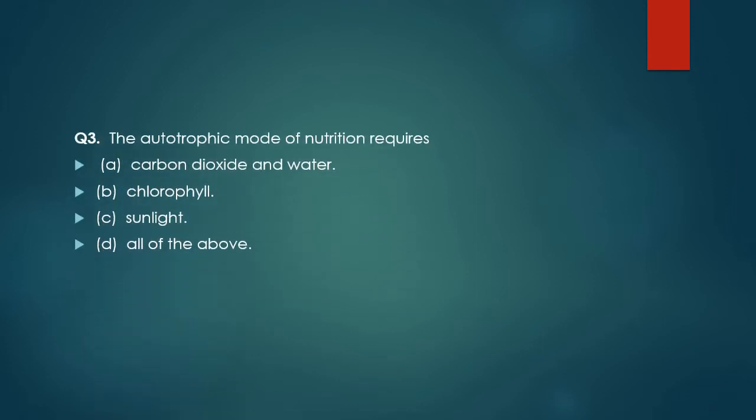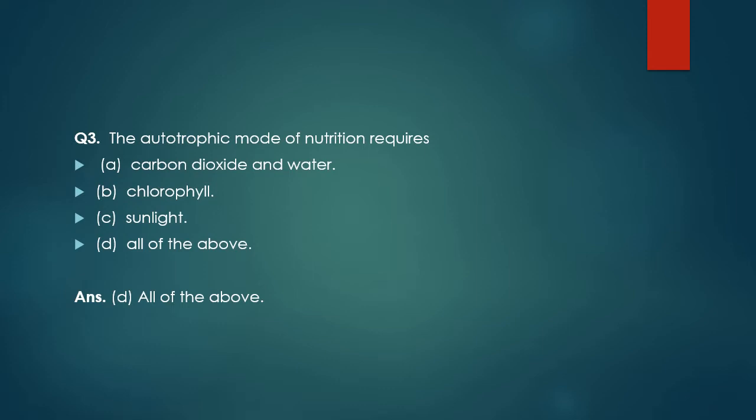Question 3. The autotrophic mode of nutrition requires, read the options. Very easy, all of the above. CO2 enters with the help of stomata through diffusion, and we know that they take water through roots. Chlorophyll is within the chloroplast, within the thylakoid, you can remember the grana, there is chlorophyll A and B. Chlorophyll A is the main pigment.